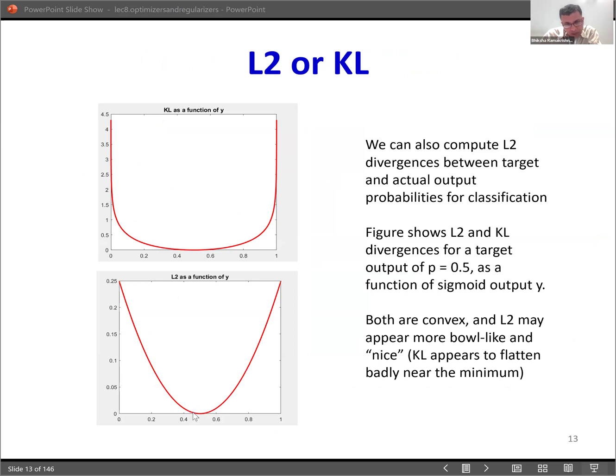Now, from the looks of it, the quadratic divergence seems nicer because the KL divergence becomes very flat near the optimum. So based on this picture, if the current estimate is 0.4 and the target is 0.5, which of these two would you want to use? Anybody?